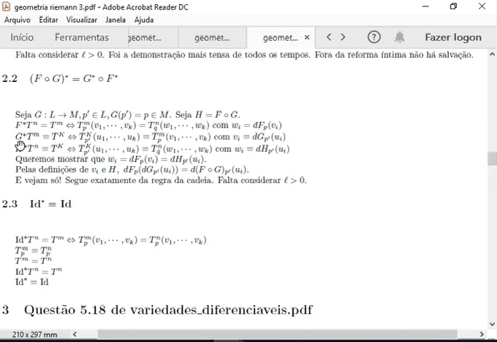G pullback at Tm equals Tbk if and only if Tp line k equals Tpm, with Vi equals dGp line Ui.